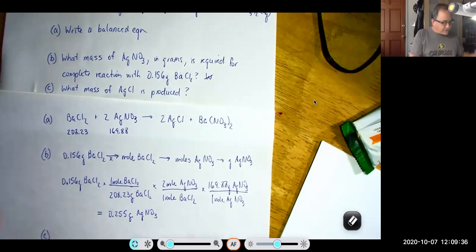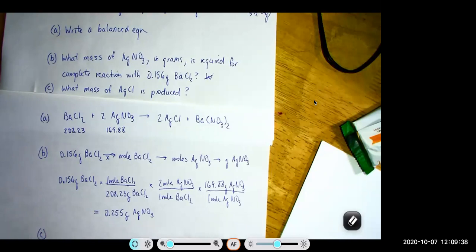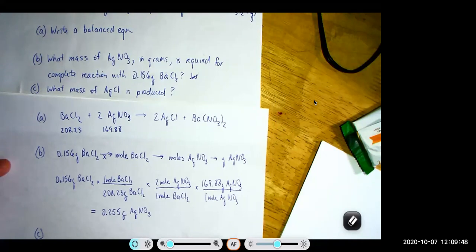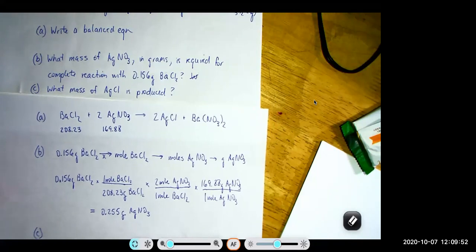So what mass of silver chloride is produced? 0.255 grams. Oh, wait, that's a different question. Sorry. Oh shoot. Well, then we'd have to. You couldn't do the molar mass stuff because you don't know what that is for barium nitrate.